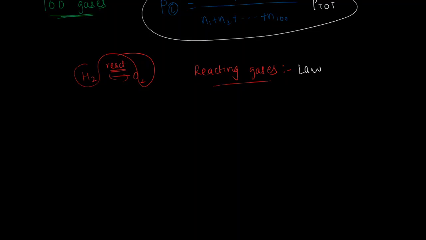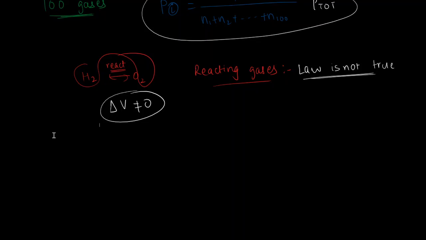Dalton's law of partial pressure specifically says that the total pressure exerted by a mixture of non-reacting gases is equal to the sum of the partial pressures of the individual gases. The reason is that once you react, there is a change in the volume, and that's not equal to 0. That's something we will discuss over the course as we talk about gases.